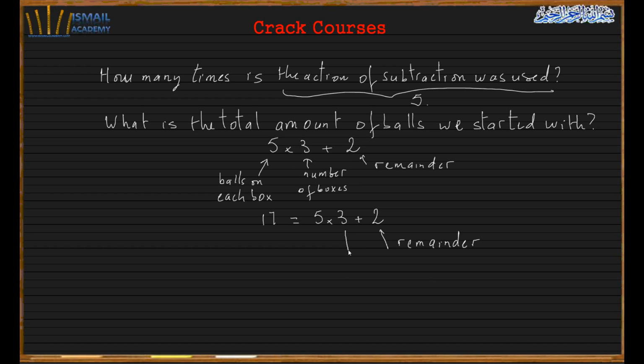The number of box, because we divide the total number into 3 groups, so this 3 is my divisor, and the total number is the one that we divide, so we're gonna call it dividend.